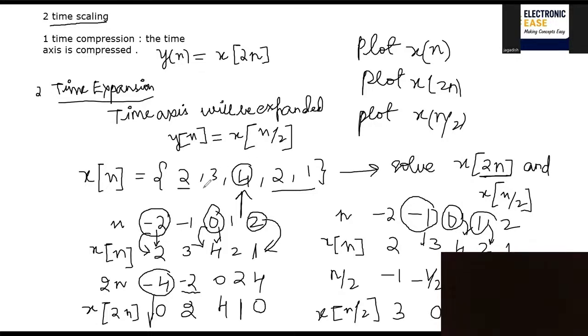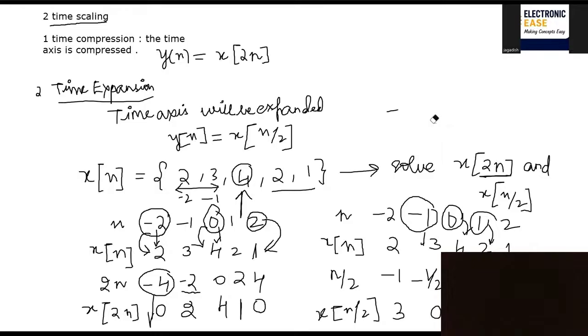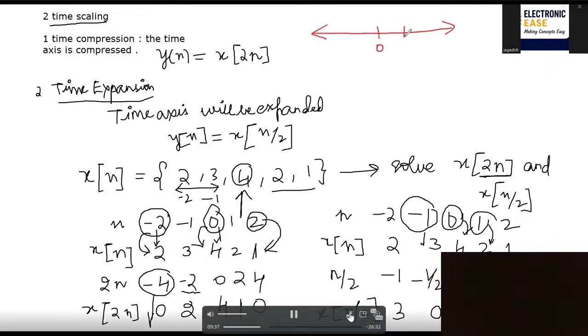Whatever values are towards the left, you take as -1, -2, negative values, and after the arrow mark it is positive, so that you need to plot. So now how to plot x of 2n?